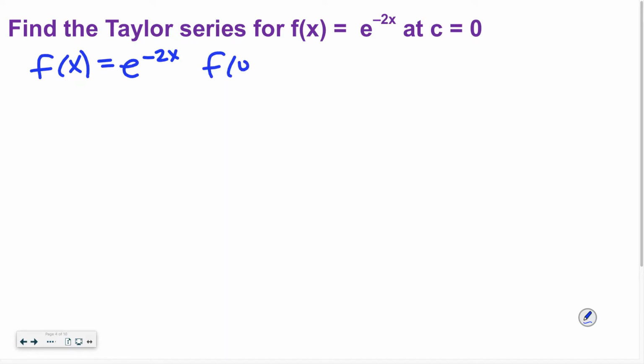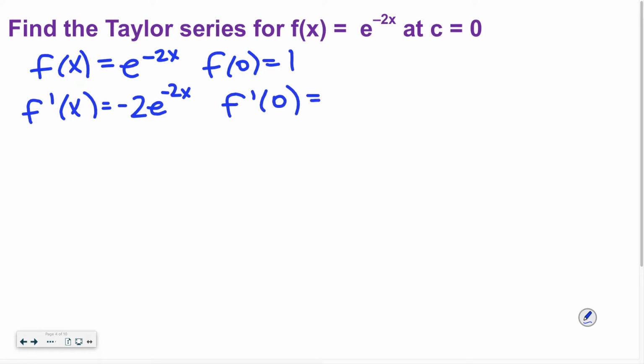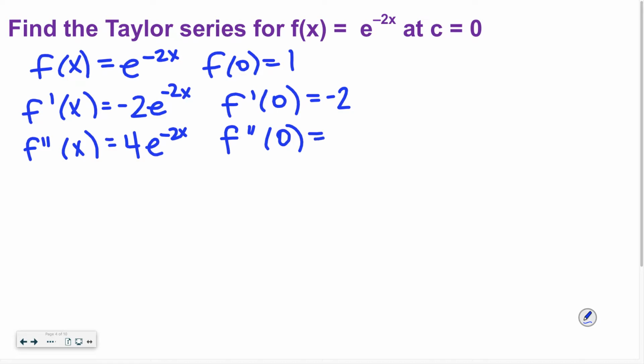What's f of 0? Okay, our derivative would be negative 2 e to the negative 2x. Our derivative evaluated at 0. Our second derivative would be 4 e to the negative 2x. Evaluated at 0 would be 4. Do we have enough of a pattern? Yes. Okay. What would our next derivative be?